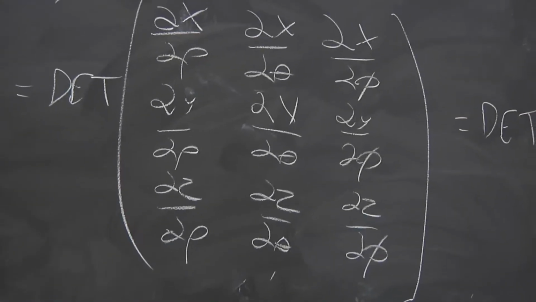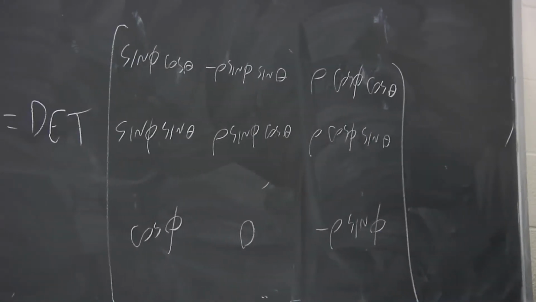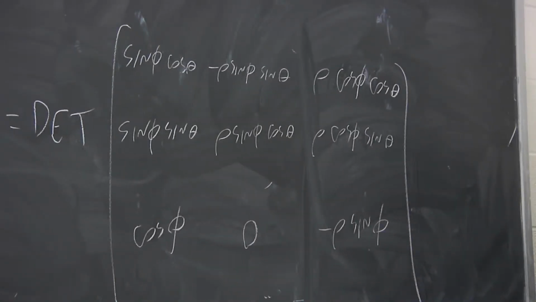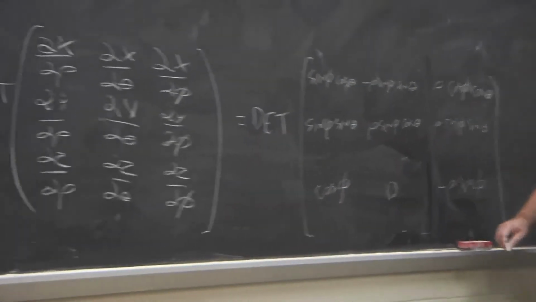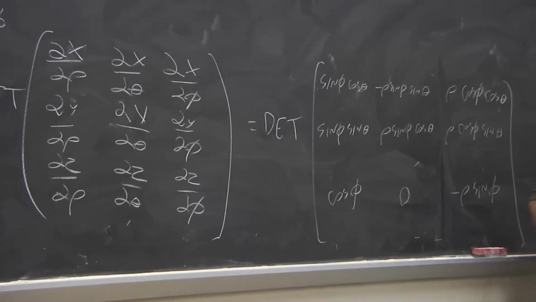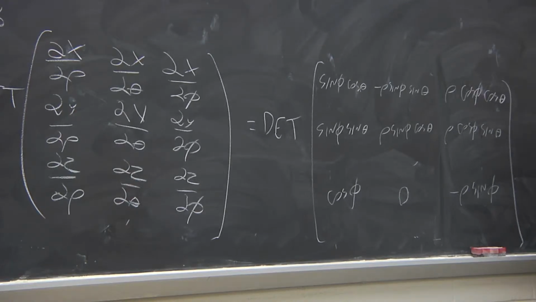So we have to compute the determinant of this 3 by 3 matrix. Now, I'm not going to remember that one rule that you've mentioned a couple times, so I'm just going to do it the way I feel like.